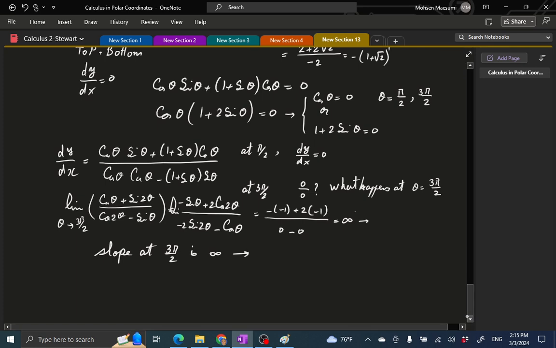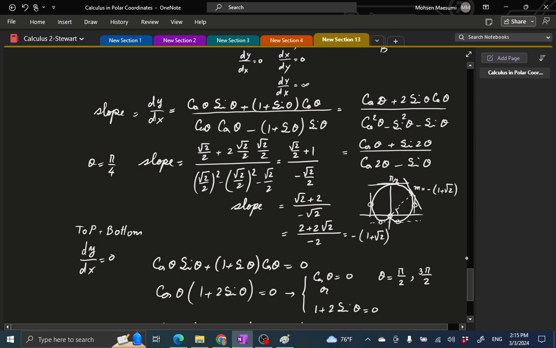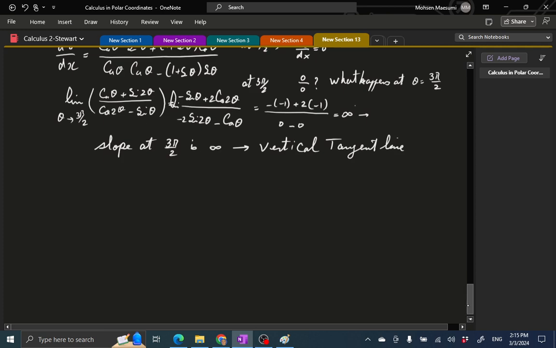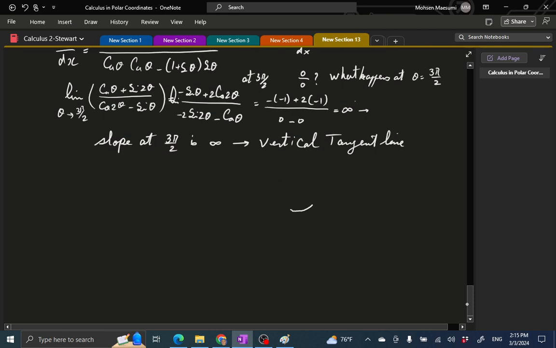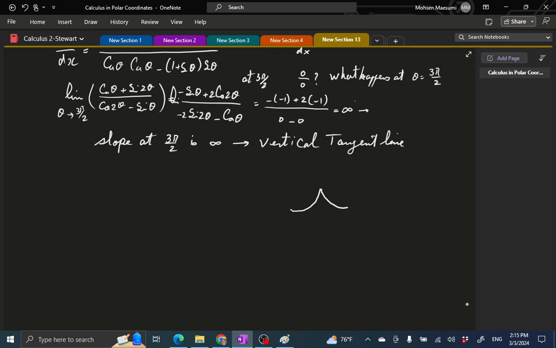It means we have a vertical tangent line at that point, and that's what agrees with our graph, that at this point we have a cusp. That cusp, the two sides approach that terminal point, so from the left it comes toward the cusp, and then on the right also like a pine needle. In the middle, what we have is a vertical tangent line.